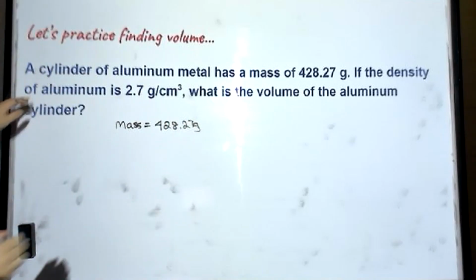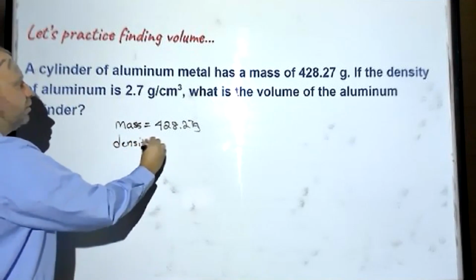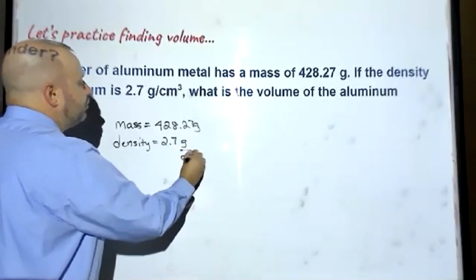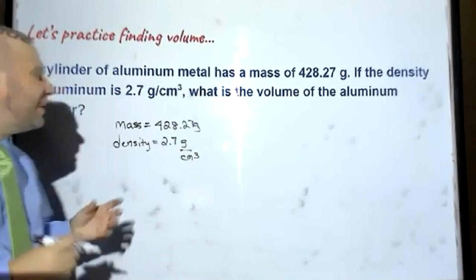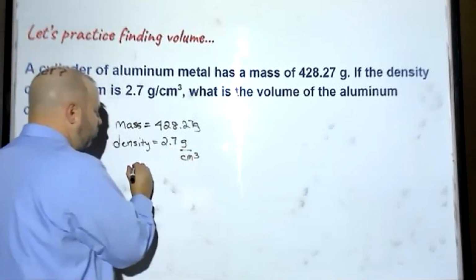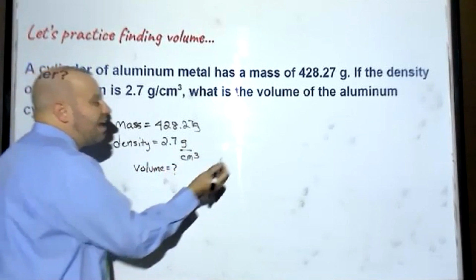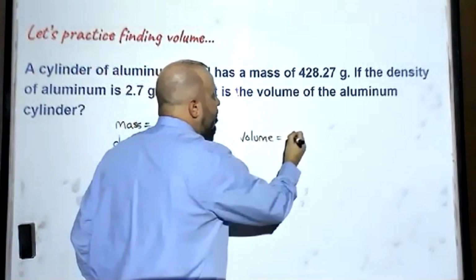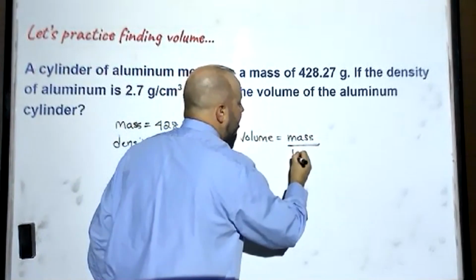If the density of aluminum, so they're giving us density, is equal to 2.7 grams per centimeter cubed, what is the volume of aluminum in that cylinder? So we're looking for volume. We have an equation that we solved for volume. So volume is equal to mass divided by density.